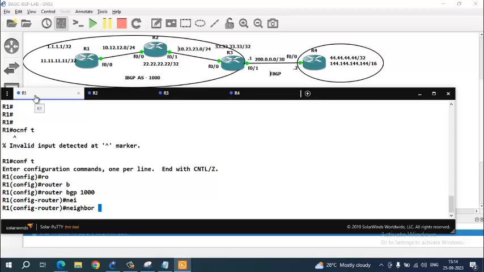No. But the neighbor needs to be configured manually. Why? Because it's a TCP protocol. You don't use any UDP to discover by sending hello packets. BGP won't send any hello packets.